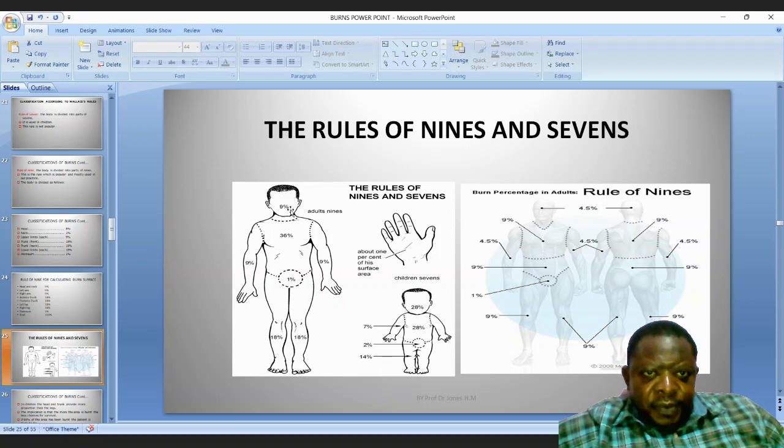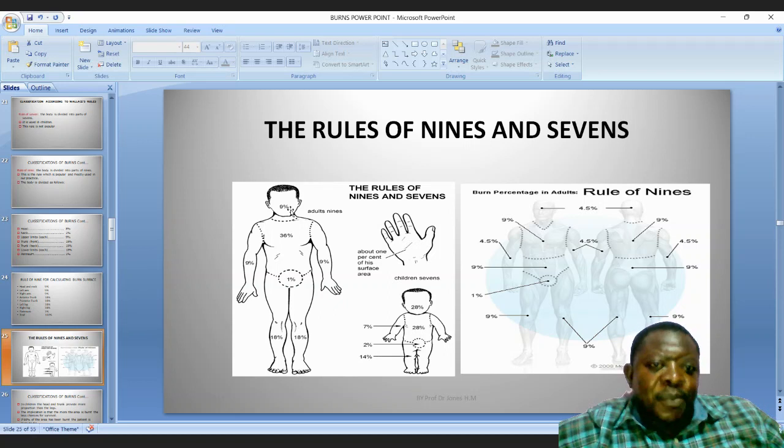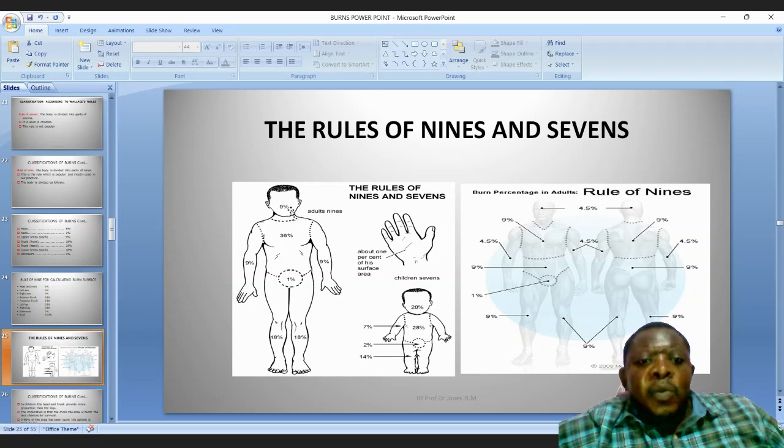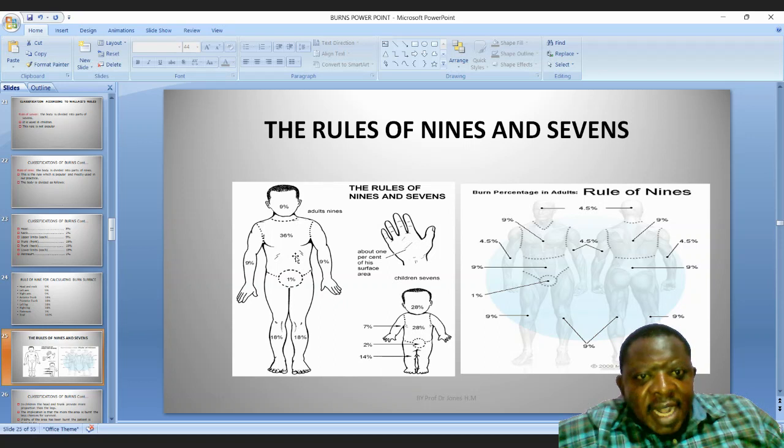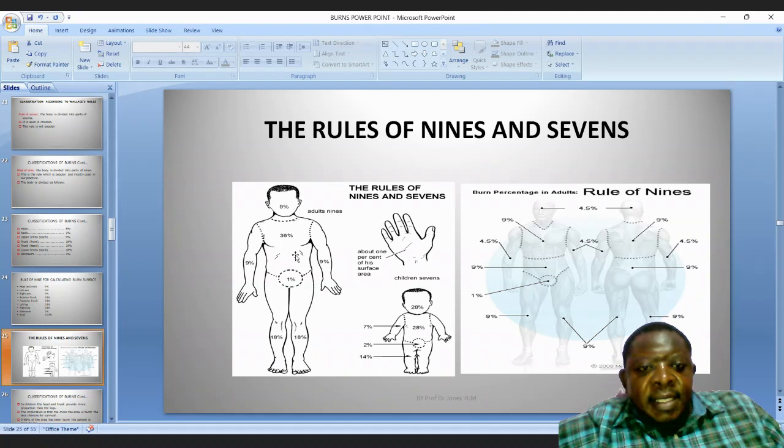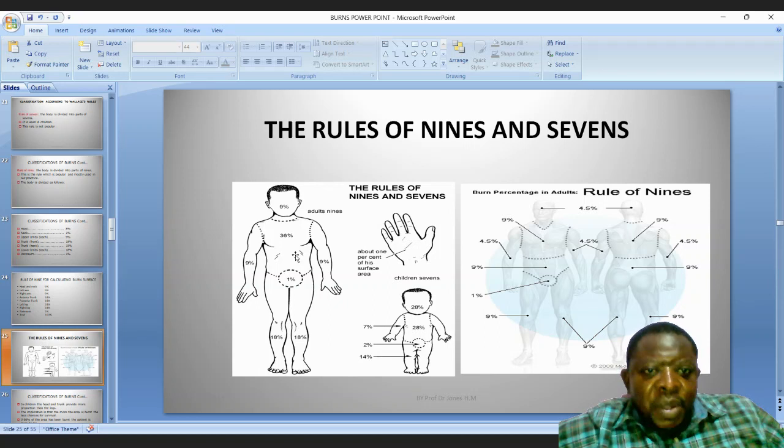So you can apportion neck 1%, front part of the face 4%, and also the back part of the head. Then we have the trunk, that is 18 in front, 18 behind. Together, when you add this, gives you 36%.